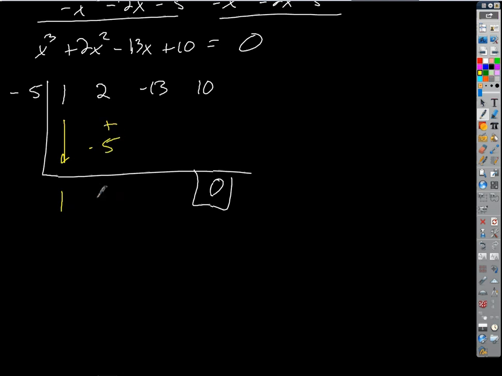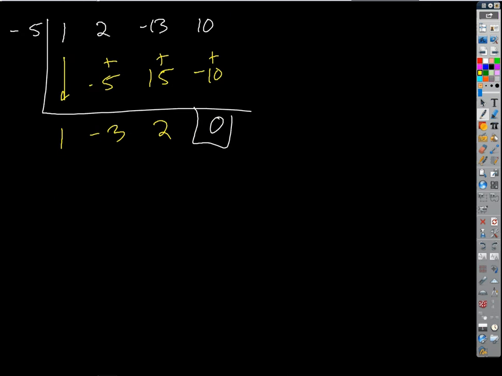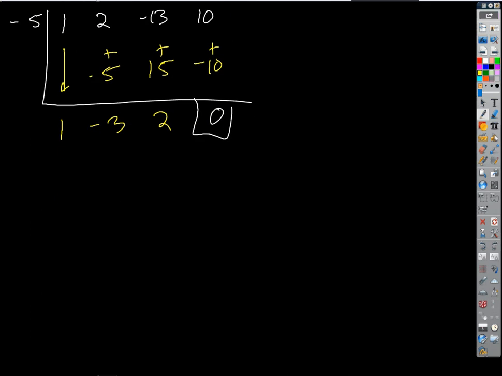So what's that give me here? -3. -3 times -5 is 15. So 2. 2 times -5. 0. So we get our 0. So those are the coefficients. Those are the coefficients of the other factor that we're going to set equal to 0, right? So really what this is telling me is 1x squared minus 3x plus 2 is what I'm setting equal to 0. Okay?